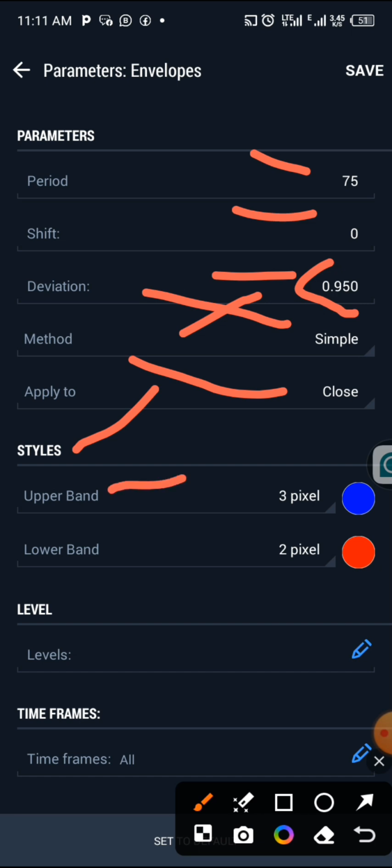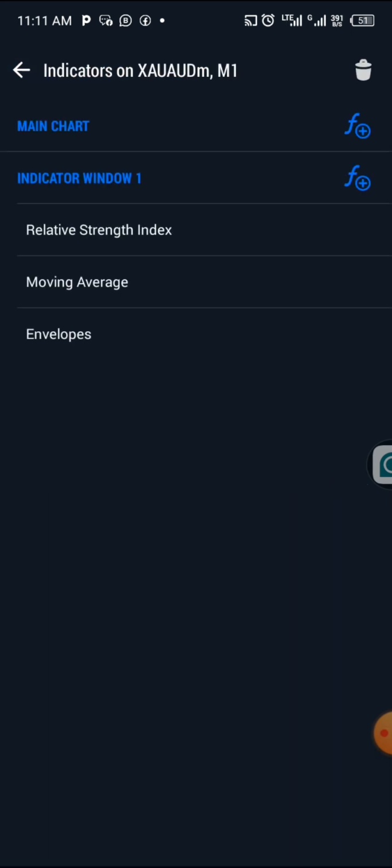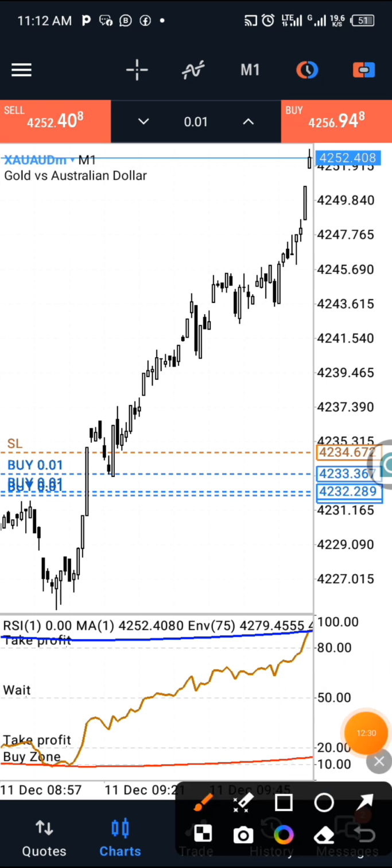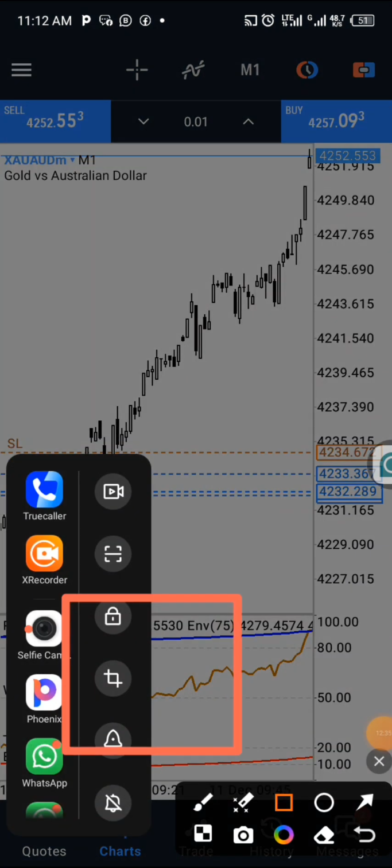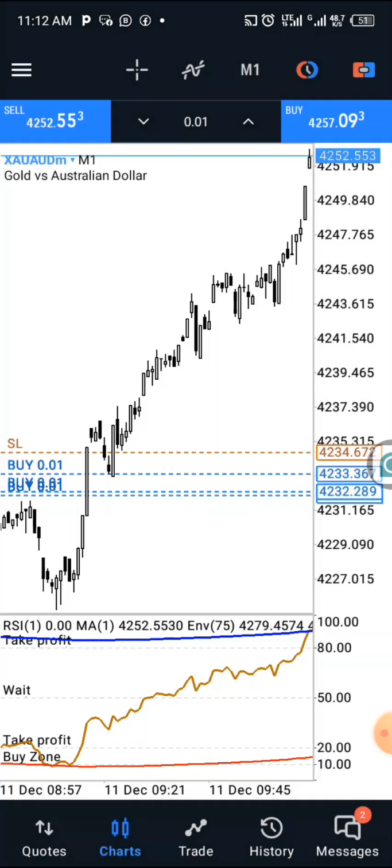In your style, your upper band is 3 pixel color blue, and your lower band is 2 pixel color red. As soon as you have all of this figured out, you click on save, and you're going to have an indicator that looks exactly like this.